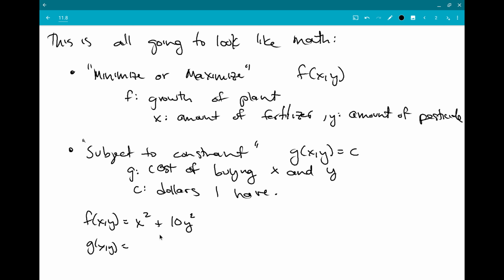But maybe my cost is that 1 unit of fertilizer costs me $1, whereas a unit of pesticide costs me $5, I guess. And C, I said, was $50 is how much I'm willing to spend. All these numbers are made up and no good, but I'm just trying to show you this is what a problem will look like. This is kind of the explanation behind it.